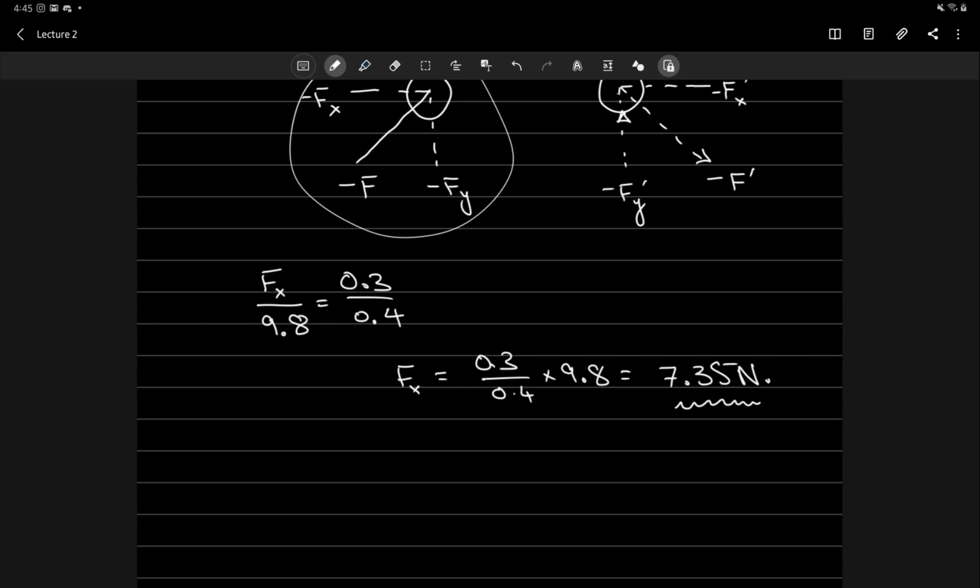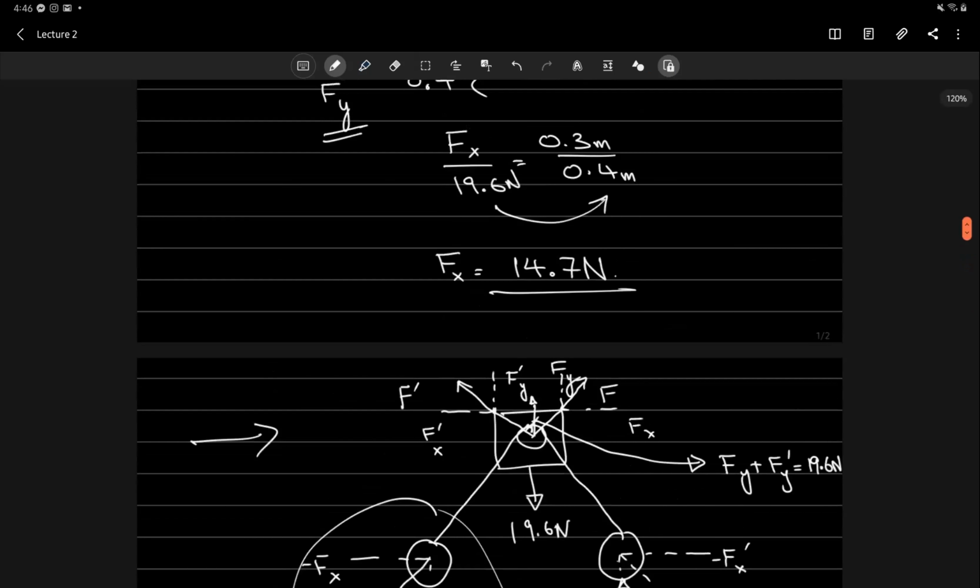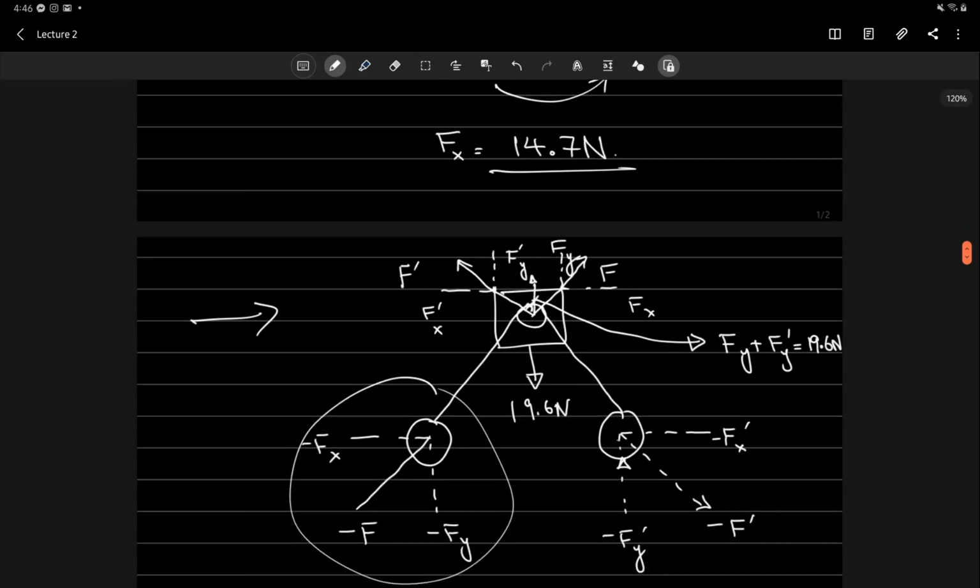So can I ask a question? Yeah, sure. I was wondering how our assumptions would change if the rods were massive, like if both rods had a weight. Would that affect our assumptions, or would they stay the same in this problem?